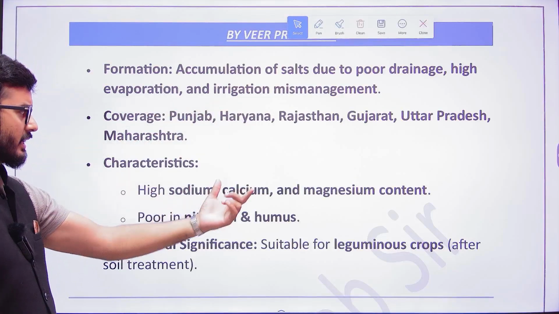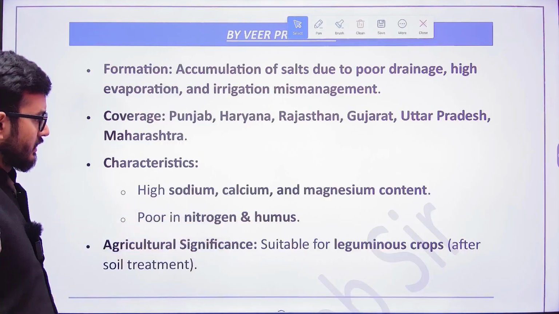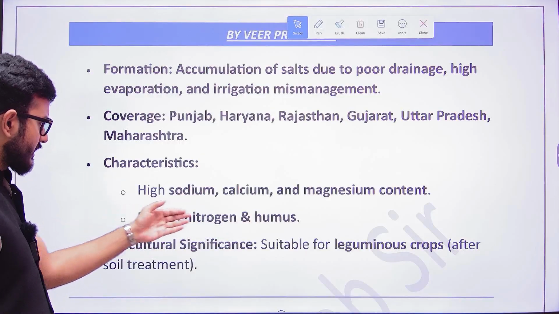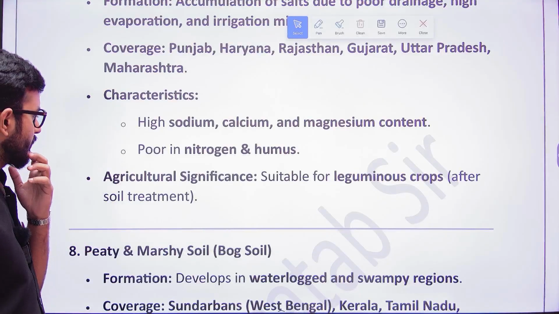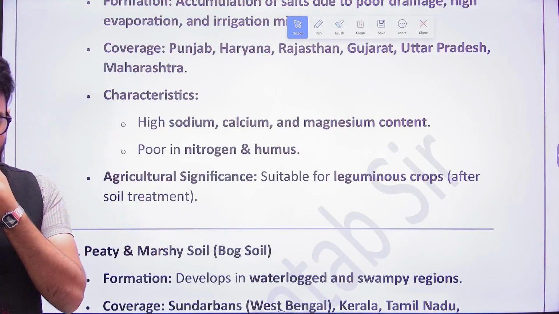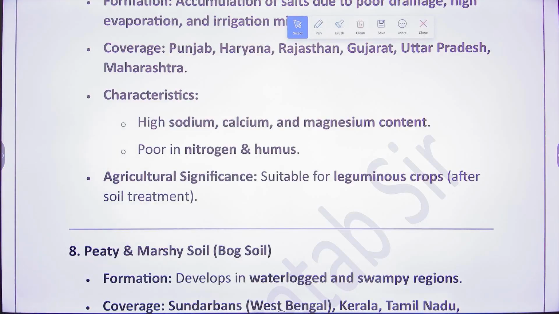It has high sodium, calcium, magnesium, and potassium content. It is poor in nitrogen and humus. Cancel this, find it. Then it is suitable for leguminous crops after soil treatment. Generally here you cannot cultivate anything, but after treatment it is going to be suitable for leguminous crops.